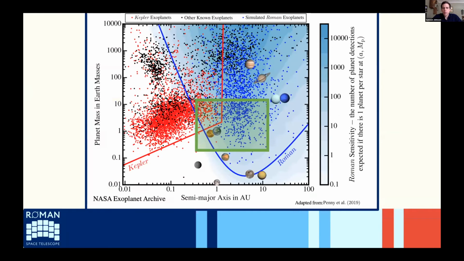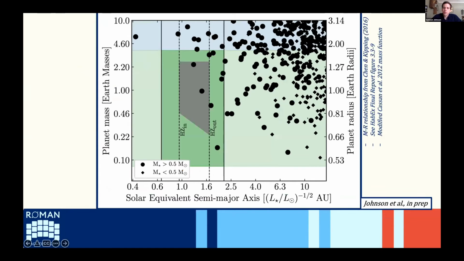If we zoom in on the planets in this region of parameter space, what I did in some previous simulations was to recast those parameters. On the vertical axis here is planet mass, and then using the mass radius relationship from Chen and Kipping 2016, radius is on the other side. Along the horizontal axis is the semi-major axis scaled by the bolometric luminosity of the host.